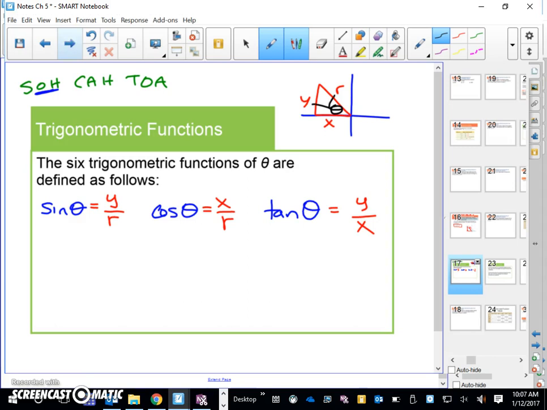So we're really talking about opposite over hypotenuse. And cosine theta, we're talking about adjacent over hypotenuse, just like SOHCAHTOA from geometry class. Tangent, we're talking about opposite over adjacent. If you remembered this from geometry, that would take you a long way.